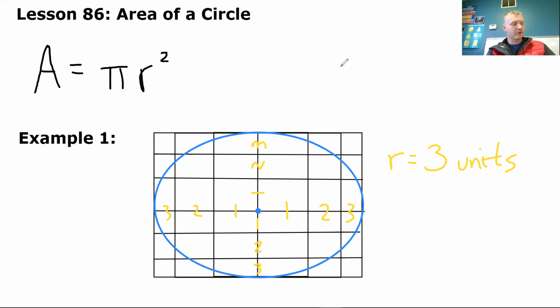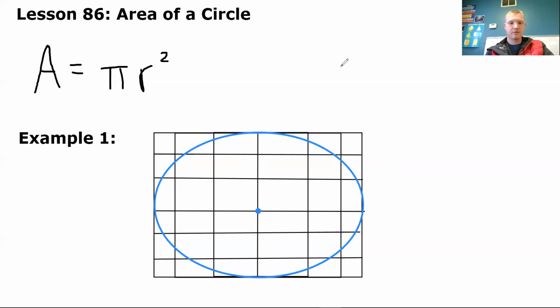Make sure you're following along and taking notes. Then, estimate the area of the circle. How do we get the area of our circle? In this specific example, they want us to count up the number of squares inside your circle.